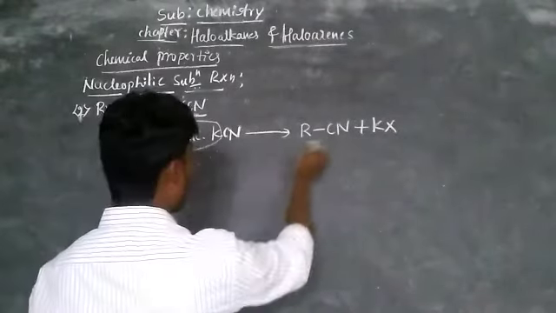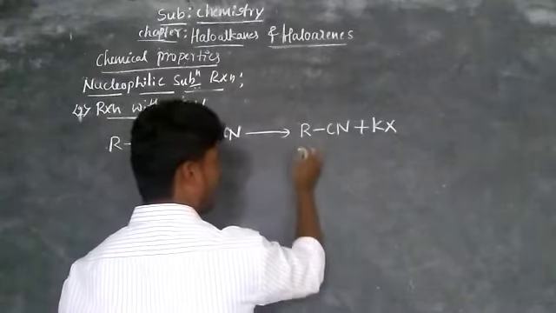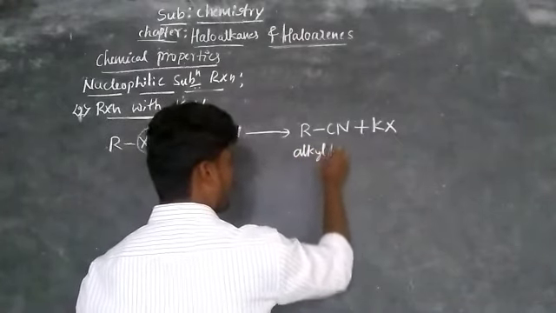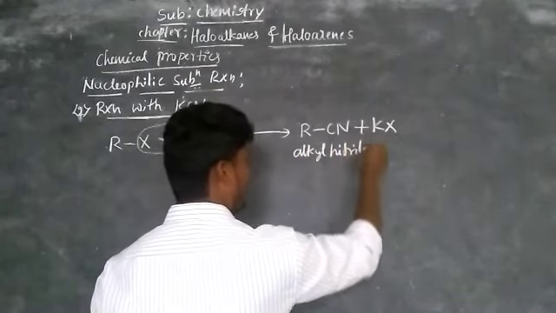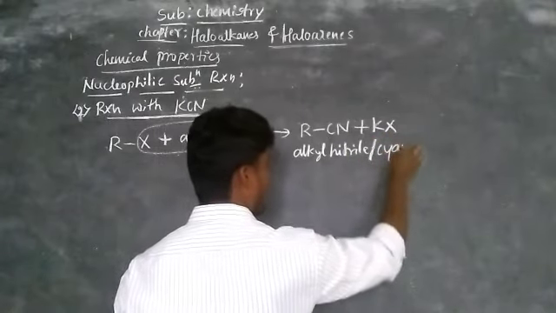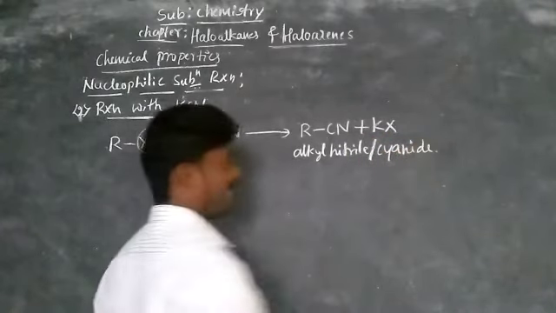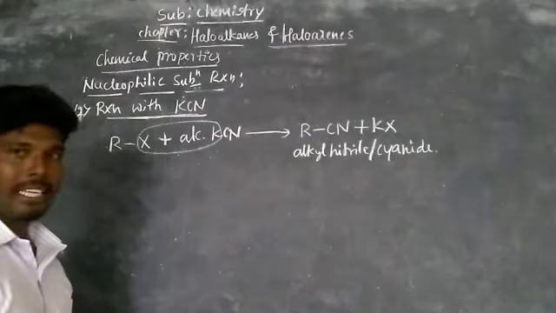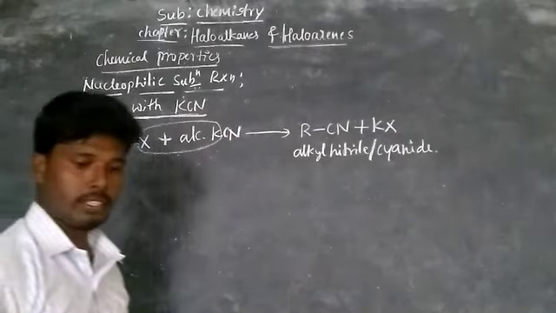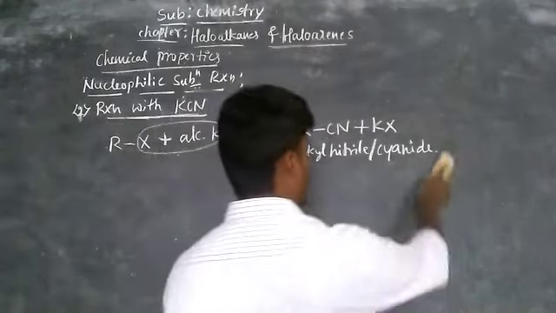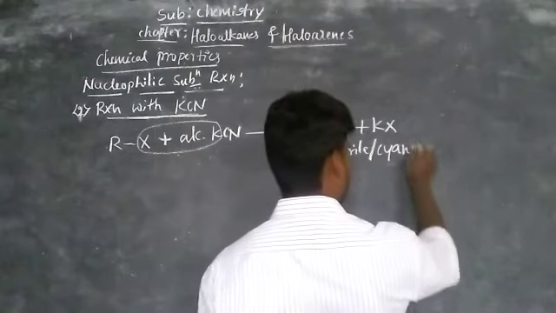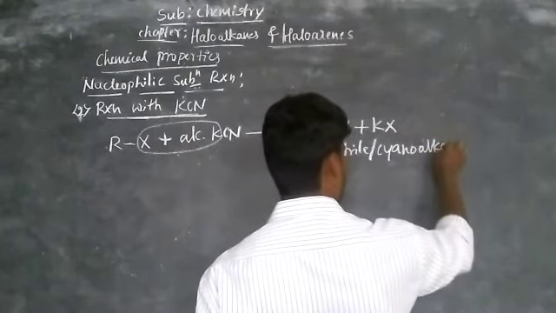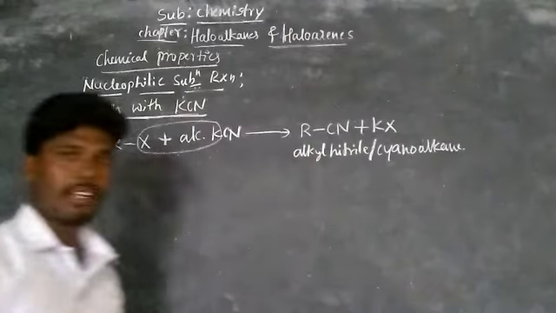This resultant compound we call alkyl nitrile, or we also call them cyanides. Alkyl cyanides are cyanoalkanes. This is a general reaction.